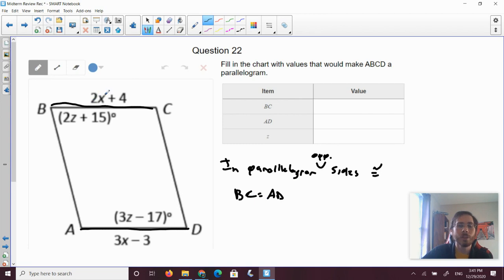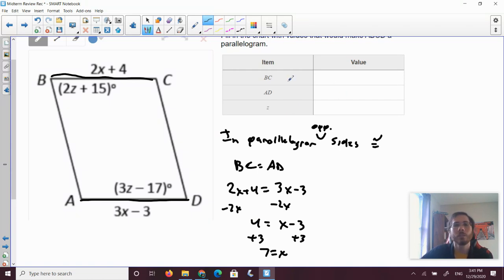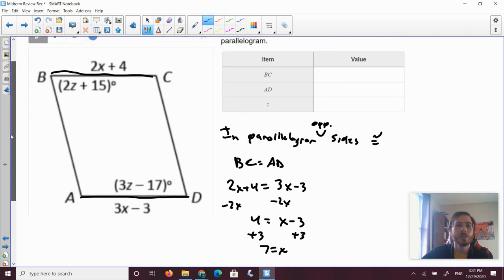And kind of like the last one, we can just plug in. We've got 2x plus 4 for BC. We got 3x minus 3 for AD. Same deal. We're trying to get the x by itself, so we'll do a little bit of algebra. So x minus 3. Add 3 to both sides to get 7 equals x. Well, unfortunately, they didn't ask us for x. We had to find BC and AD. So I got my choice.